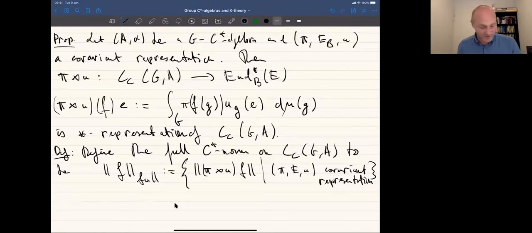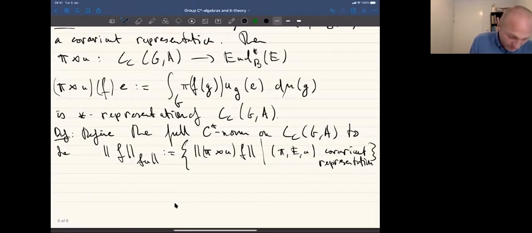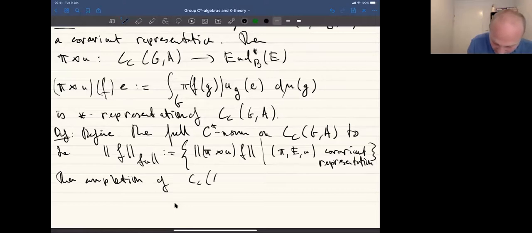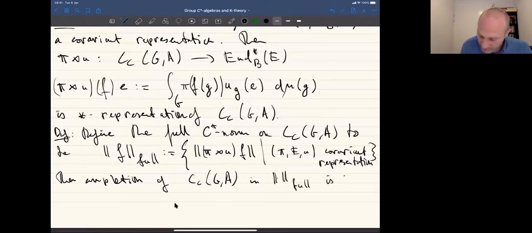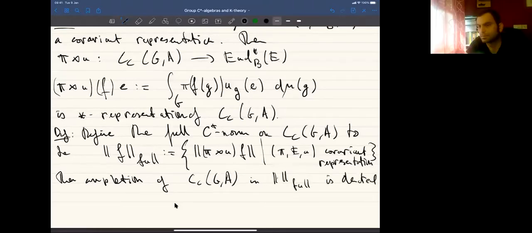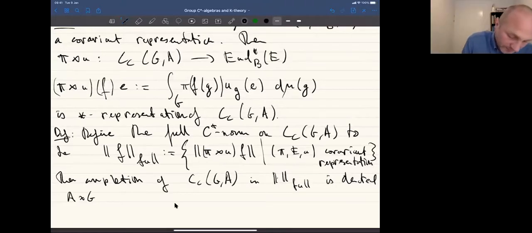So this is the full norm. It turns out to be a C star norm, and so the completion of C_c(G, A) in this full norm is denoted, there's a comment, in the full, you take the supremum over the norm. Yeah. Thanks. Glad people are paying attention.